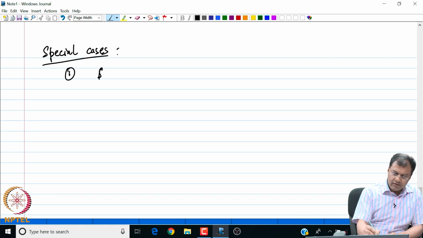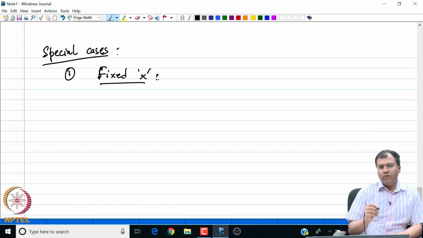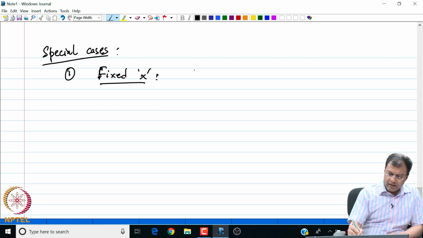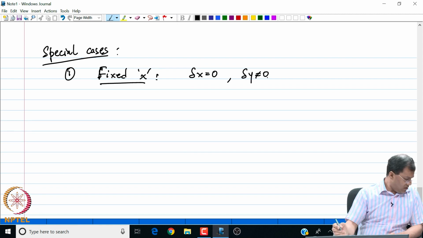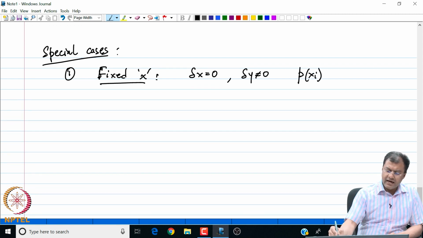The first case is we fix our x. We do not allow the x coordinate to vary. So in that case, my delta x is 0 and delta y is non-zero. So if that is the case, then my momentum defined at x_i, which is del f del y prime at x_i.